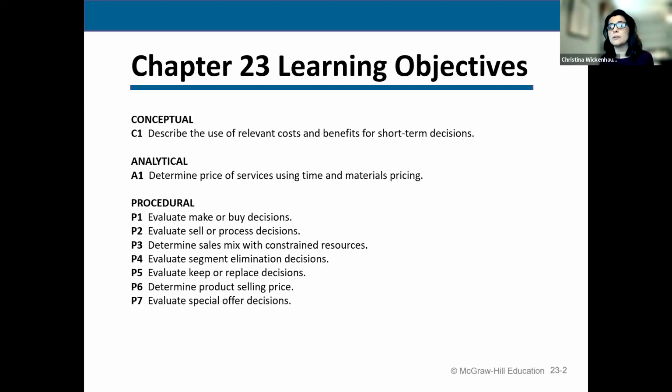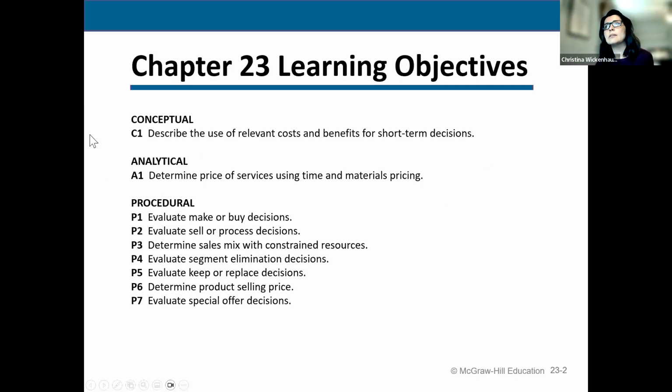And so back to the bakery, my cookies are really outperforming my cakes. So do I need to spend more time and energy on the cookies? Segments, maybe we need to eliminate some segments. If those cakes are doing poorly, maybe we get out of the cake business. And evaluate keep or replace decisions, determine selling price for our products, determine if it's beneficial for us to make any special offers to our customers.